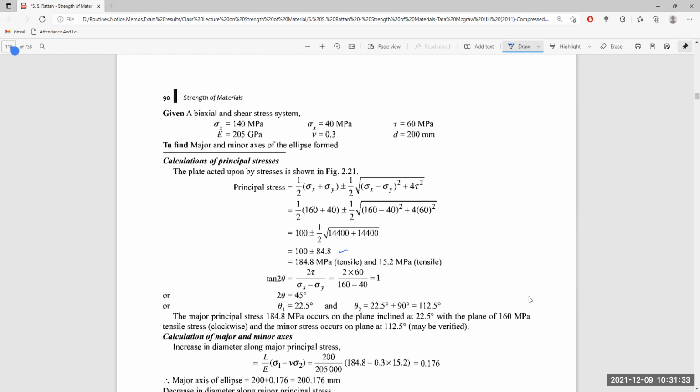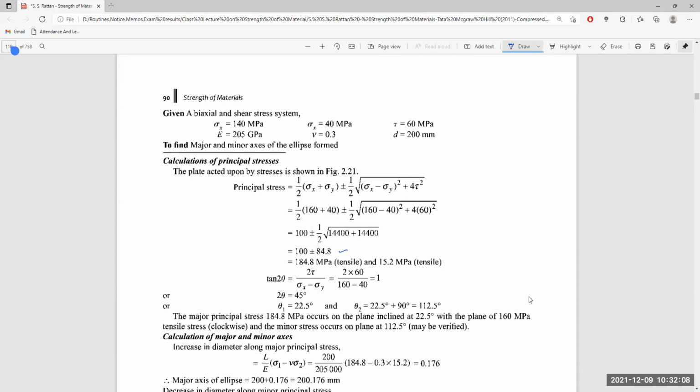So 2 theta becomes 45 degrees, theta 1 will be 22.5, half of 45 degrees, and theta 2 is 22.5 plus 90, 112.5 degrees. The major principal stress acts on the plane at 22.5 degrees, and the minor principal stress acts on the plane at 112.5 degrees.